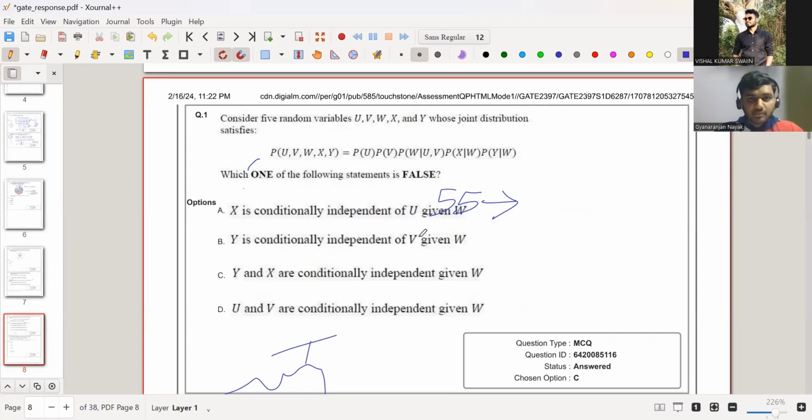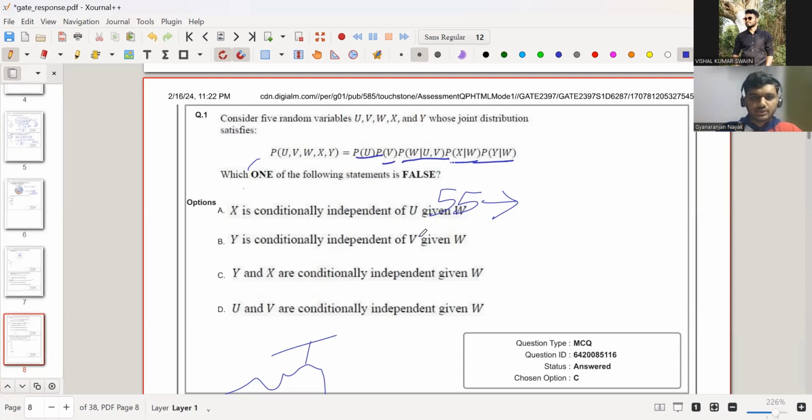Consider 5 random variables U, V, W, X and Y whose joint distribution satisfies P(U,V,W,X,Y) = P(U) P(V) P(W given U and V) P(X given W) P(Y given W). Which one of the following statements is false?